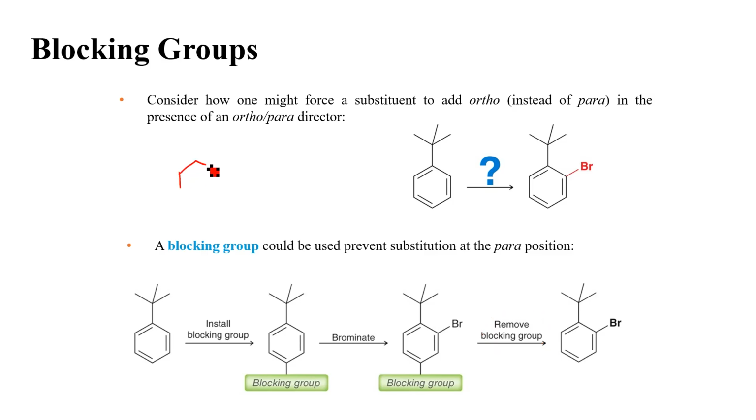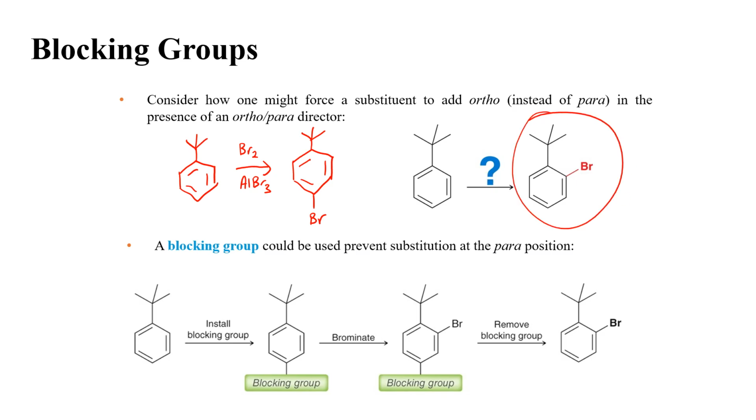Because right now, like I said, if I try to do this with Br2 and a Lewis acid, we know it's going to go to the para position. This is going to be the major product, but we want this one. So we need to block this position. Because if you block that position with some other group other than Br, then you throw Br2 at it, the only other possible option is the ortho position.